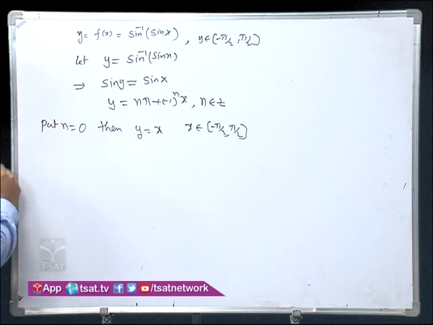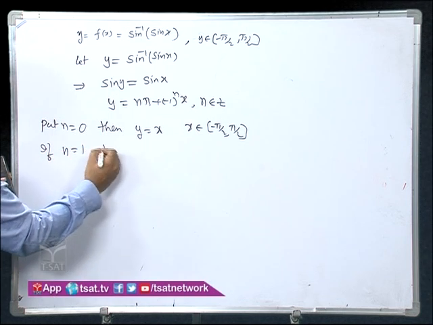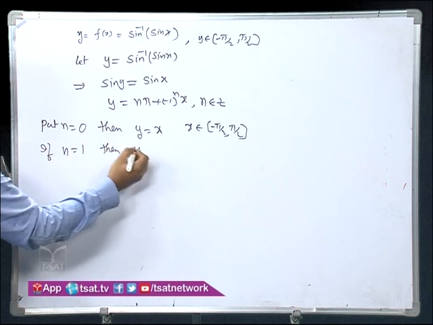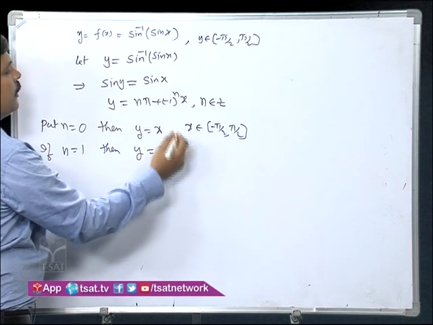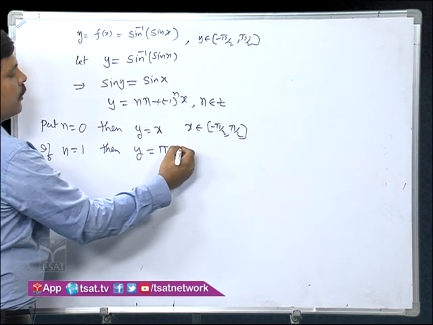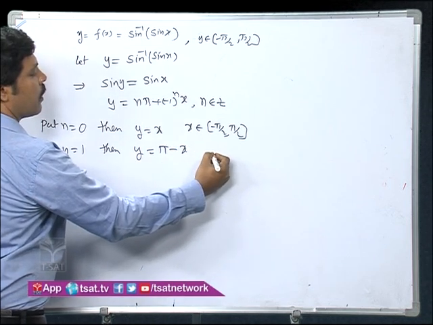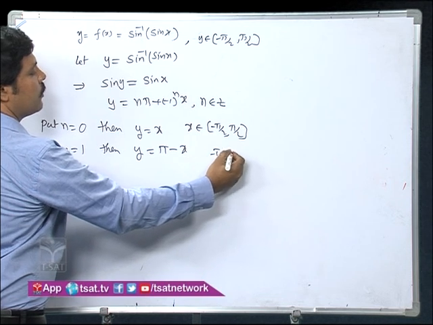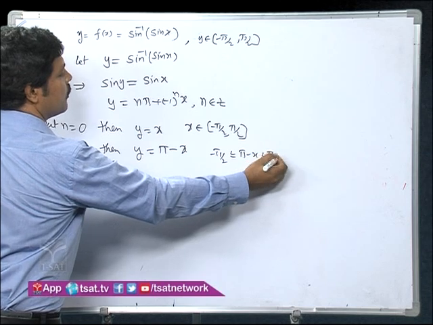Suppose n is equal to 1. Then y is equal to pi minus 1 whole power 1 minus 1 x, that is pi minus x, but y lies between minus pi by 2 less than or equal to pi minus x less than or equal to pi by 2.